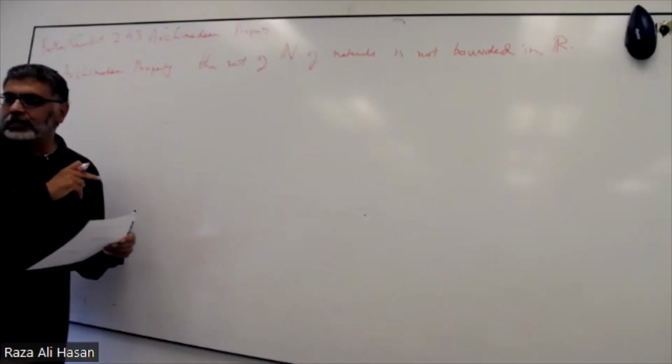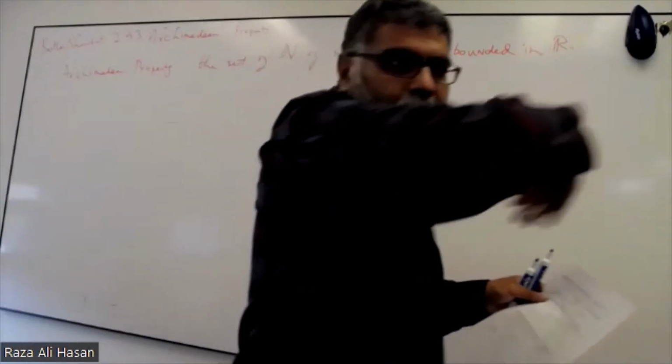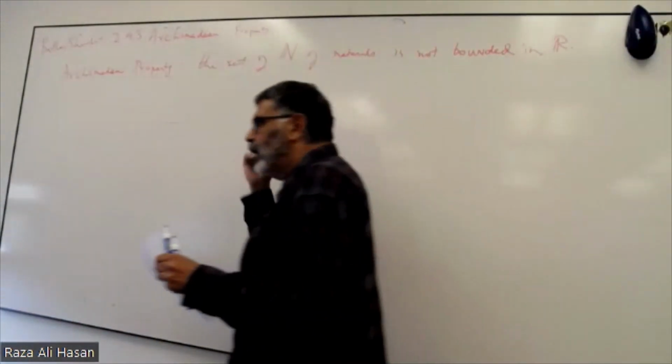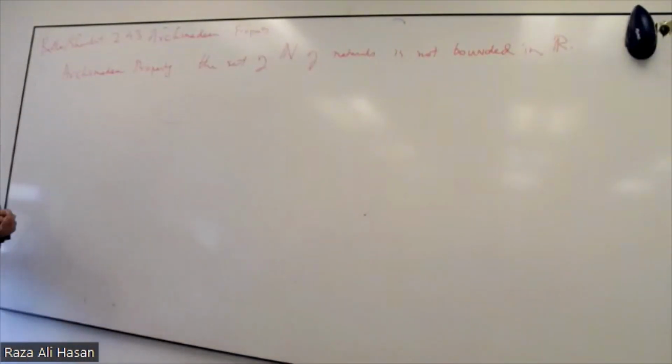Its upper bound was 3 and 5, and also millions on the right side. And here this statement. So what is this statement saying?